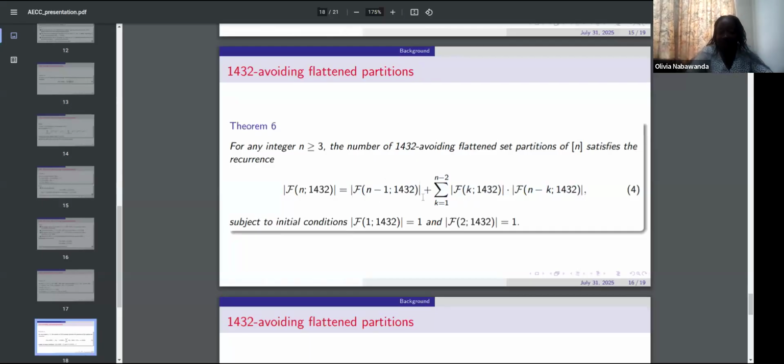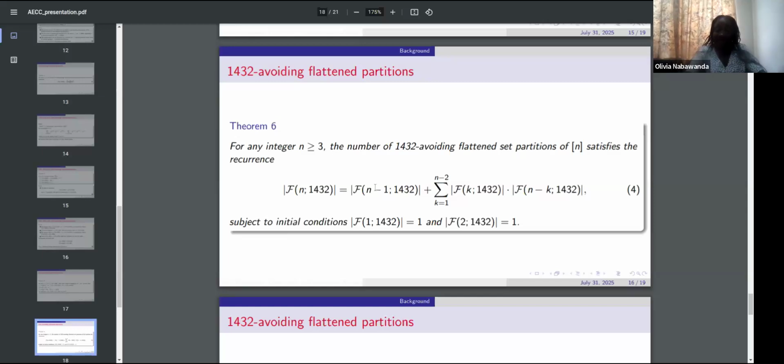For the first summand, realize that if you have a flattened partition of length n minus 1 which is 1432 avoiding, then inserting n at the end of each such flattened partition will not affect the 1432 avoidance property.